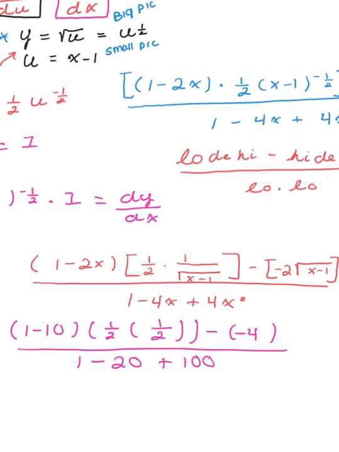Okay, so I'm just plugging in 5, right? And I get 7 over 324 as the value of my derivative, which is the slope of that tangent line.